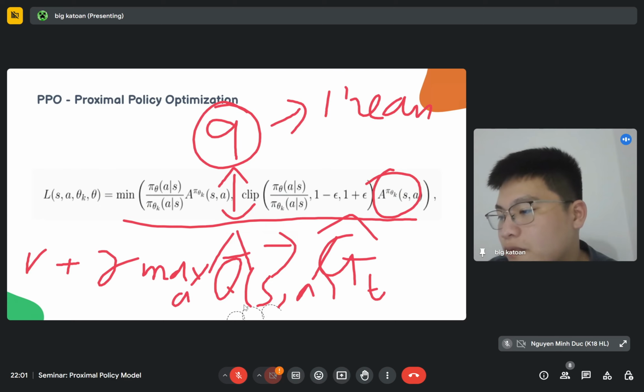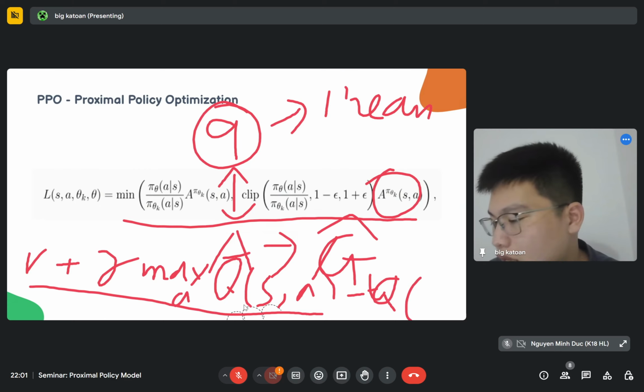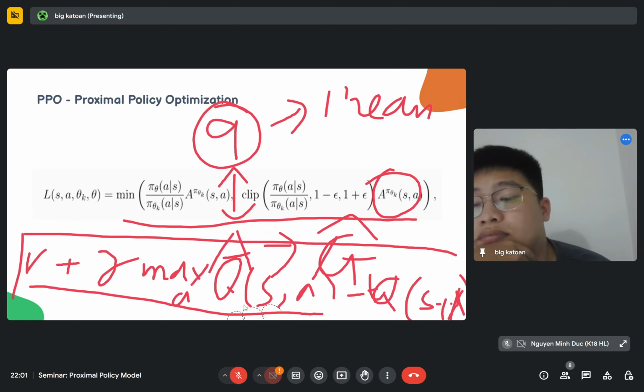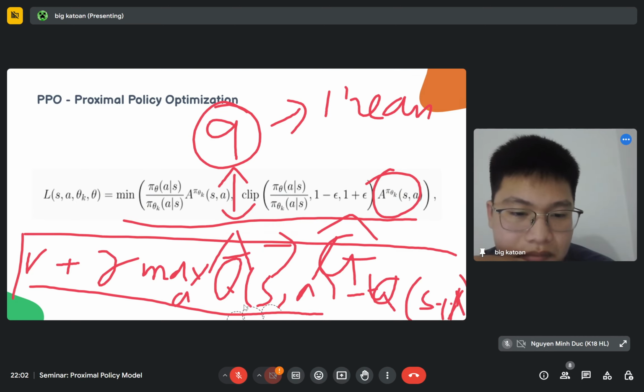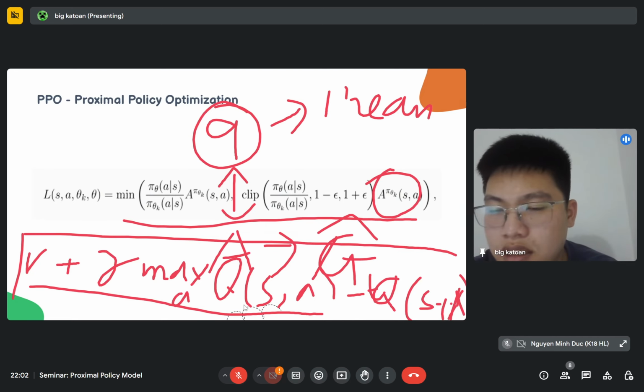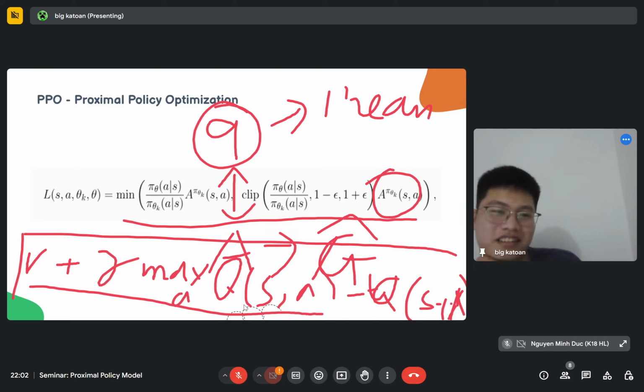This is Q, and A is just that minus Q(s_t, a_t), and this is A. It's still based on the Bellman equation. The Bellman equation is key. It's everything for reinforcement learning.